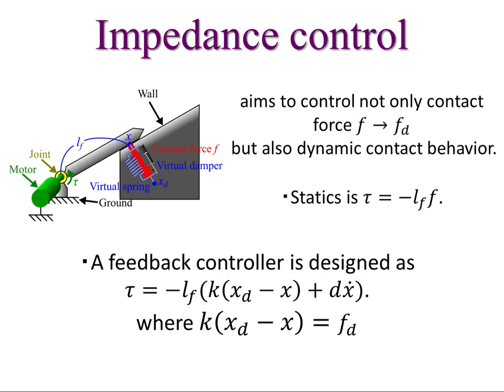The difference from force control is that the mechanical behavior of the robot can be set as desired by setting up the virtual spring or damper with the desired stiffness and viscosity. You can see how the mechanical behavior of the robot is controlled by the impedance control in a video introduced in the description box.